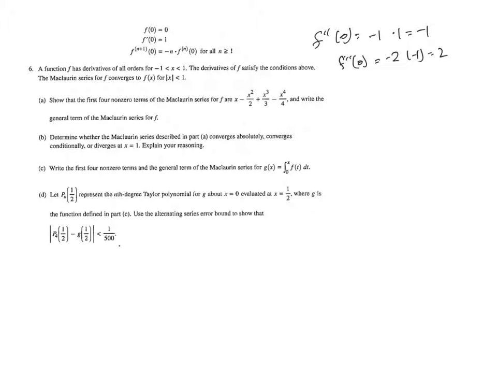So they want you to show that the first 4 non-zero terms of this is going to be this expression. It's really going through and writing the Maclaurin series, or Maclaurin polynomial, with 4 terms. Okay, so you want to make sure that you do have the 4 terms. Keep in mind that, for this one, it doesn't make that much of a difference, but sometimes some people interpret the number of terms to be the degree that they want.